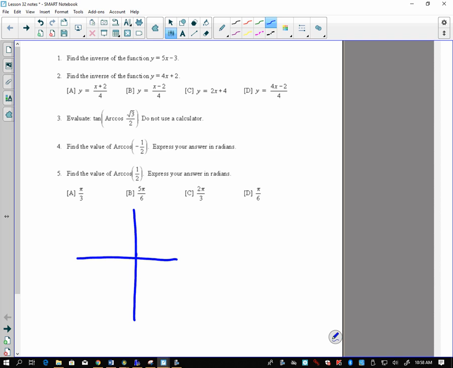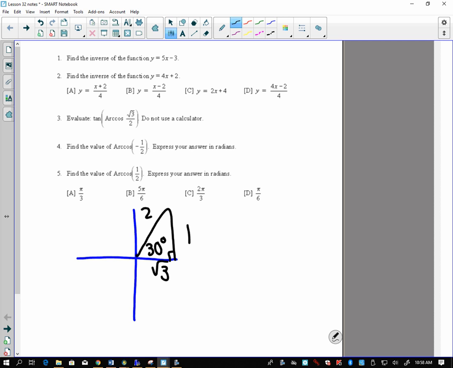So what I know about this is that adjacent, I should be getting radical 3 here, 2 here, right? And because it's radical 3 and 2, I should be seeing what looks like a 30, 60, 90 triangle, or a special right triangle where my ratio is known, where this opposite side would be what? 1, right? And I know that this is 30 degrees.